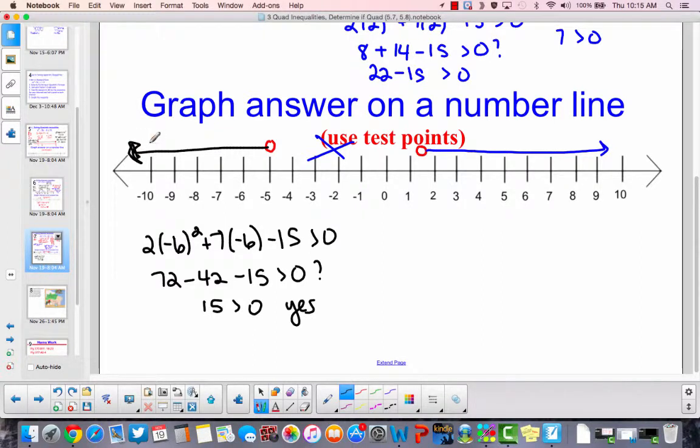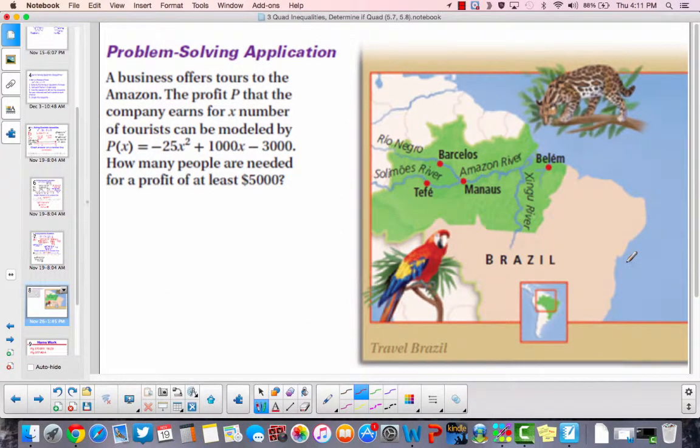All right, you have one last problem on the back of your notes. Let's look at this last one, which is an application problem. A business offers tours to the Amazon, and the profit P that the company earns for x number of tourists can be modeled by P of x equals negative 25x squared plus 1,000x minus 3,000. It says, how many people are needed for a profit of at least 5,000?